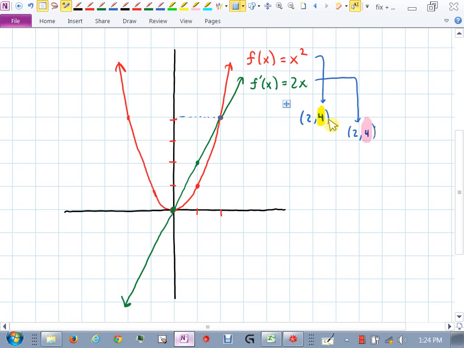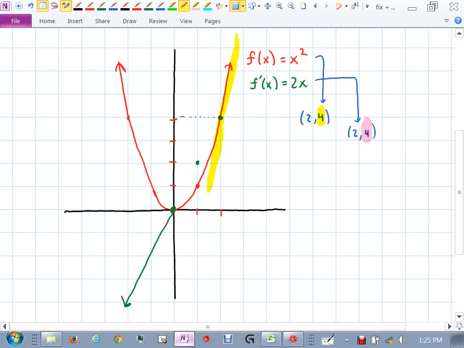But how is that related to the red one? That 4 should be the slope of the tangent line. So imagine the green function's not there, and I were to ask you to find the slope of the line right here, the tangent line. Do you all agree the tangent line would look something like this?